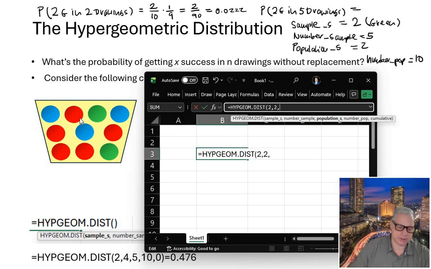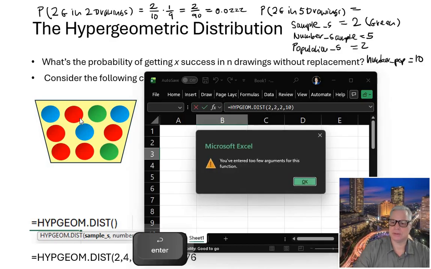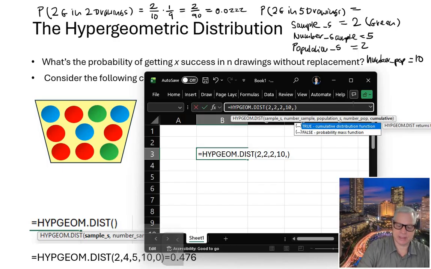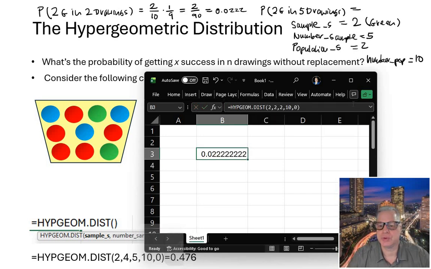Well, 2, because there are 2 green balls in the bowl. And how many do we have in total? That's 10. From that, Excel can calculate the probability. And I forgot, of course, the cumulative. I always forget this one. We don't want it cumulative, we want exactly 2. And that is 0.02222.